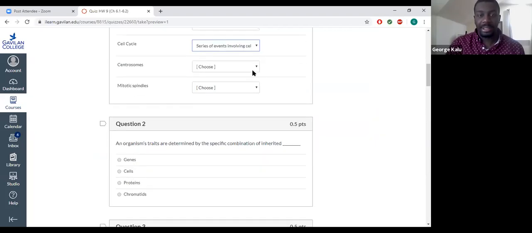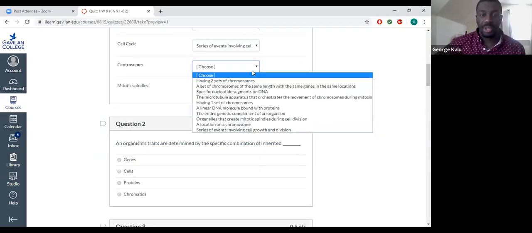Okay. What is a centrosome? So centrosomes are not the microtubule apparatus itself, but what is it going to be?